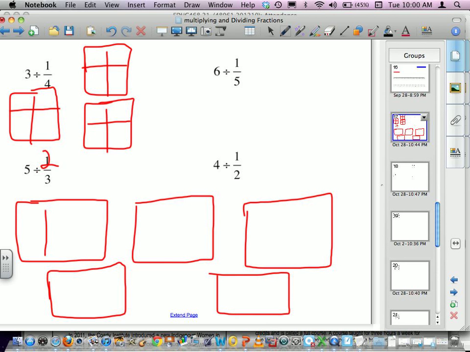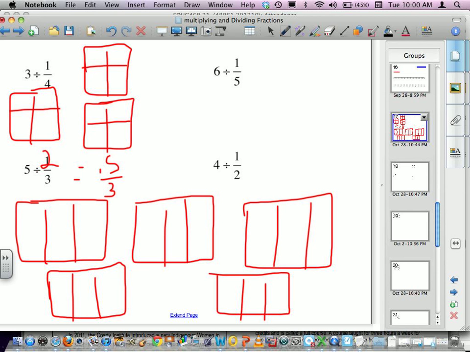So let's first take 5 and break it into sets of 1/3. Would it be safe to say that if I was taking 5 and breaking it into sets of 1/3 that I'd have 15, right? But it's also safe to say that I could write 5 as 15/3.